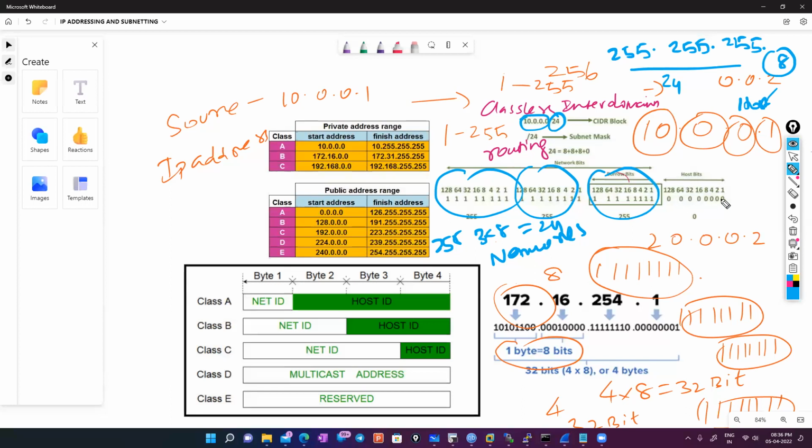Here, see, all zeros, not occupied. So it should be a power of 2: 2 to the power of 8 minus 2. One for the network and one for the broadcast address. Those cannot be assigned. As I explained, I gave you an example: your network address is like your street address, and your broadcast address is like an FM radio.